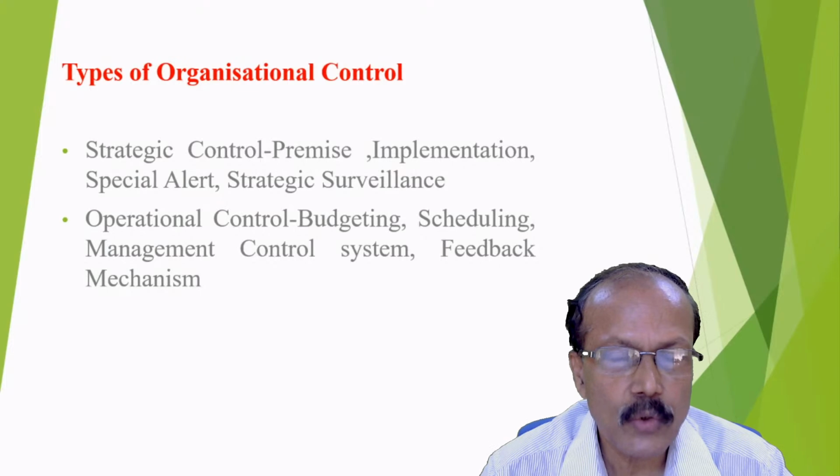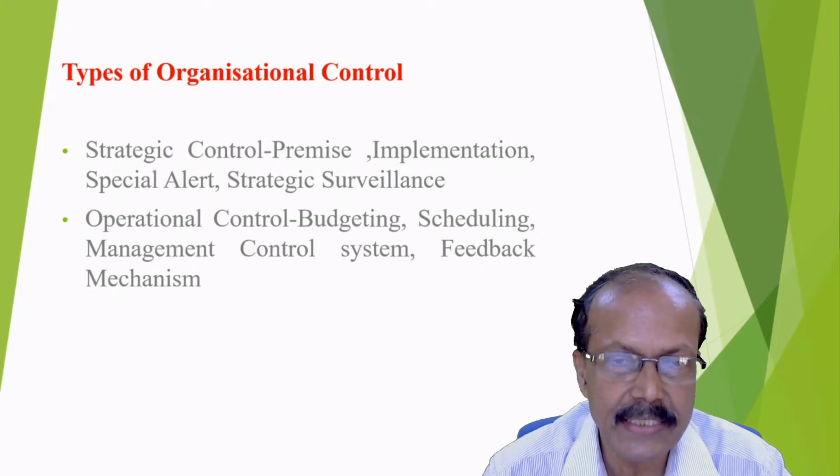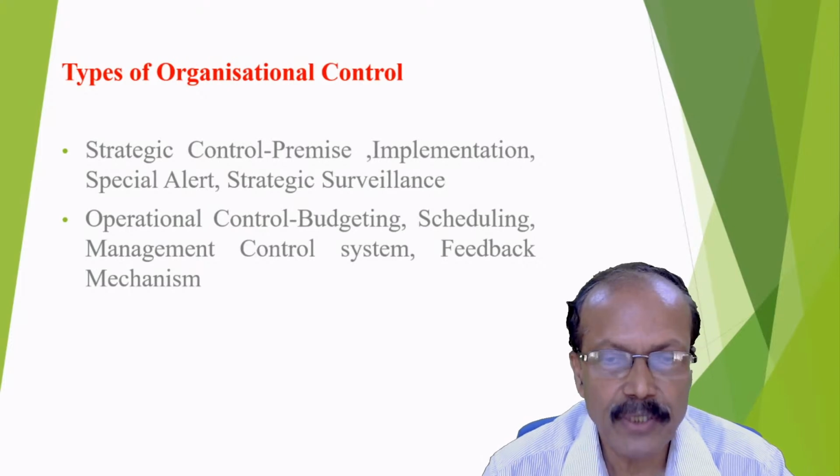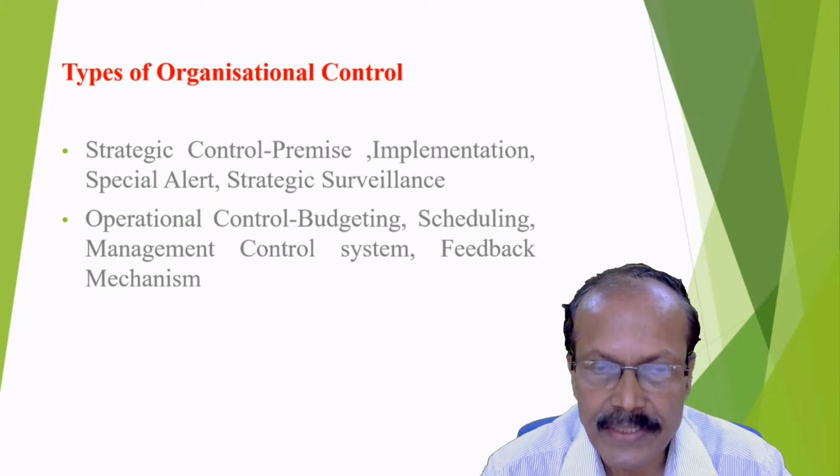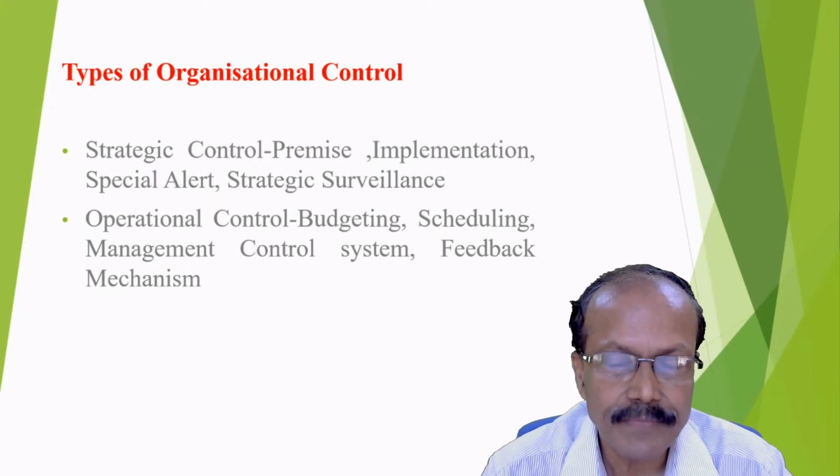Then operational control involves activities like budgeting, that is allocation of the funds or the resources to various functional departments for the whole financial year, then scheduling the things as per the timeline, and also the management control system for setting the things right, and also the feedback mechanism which helps in improvement.